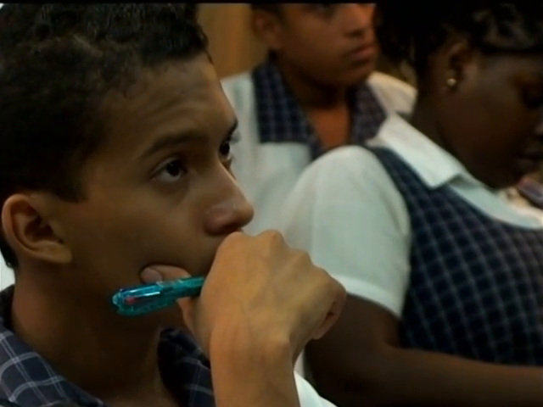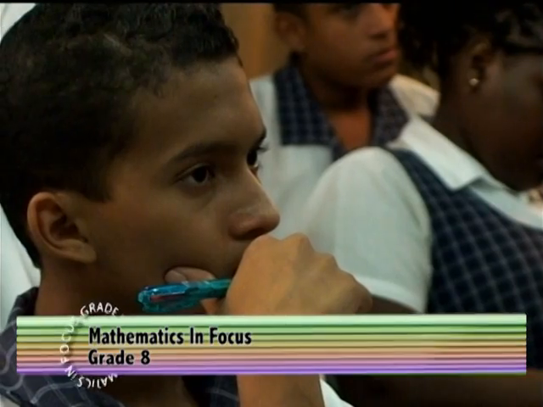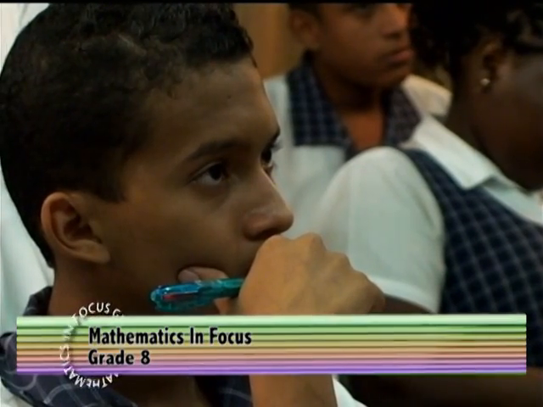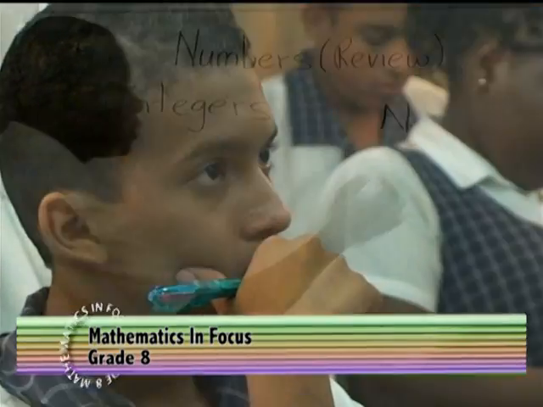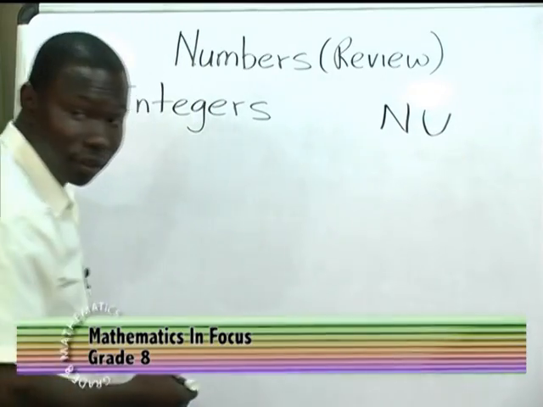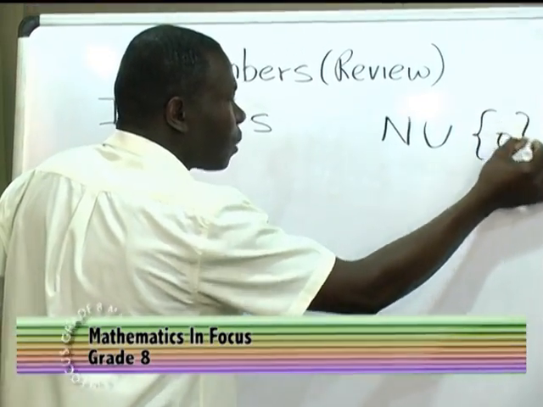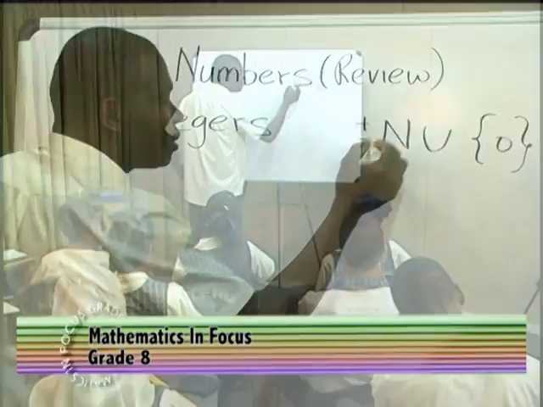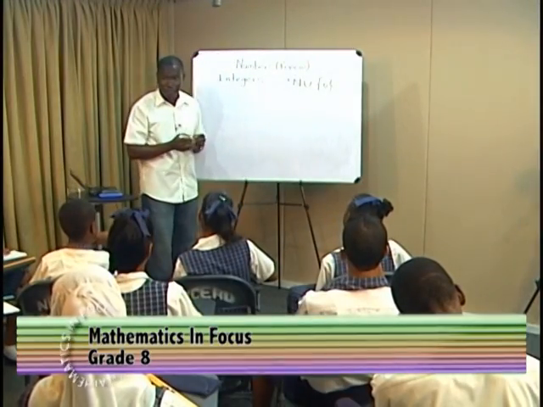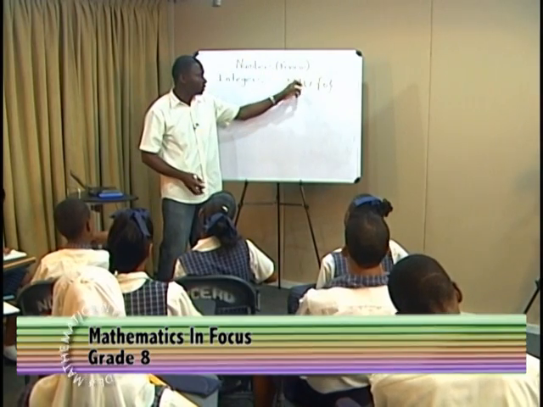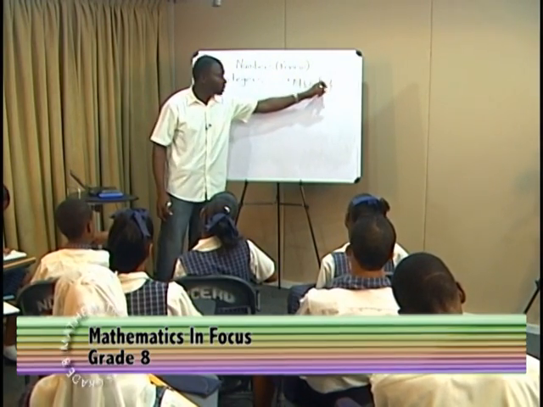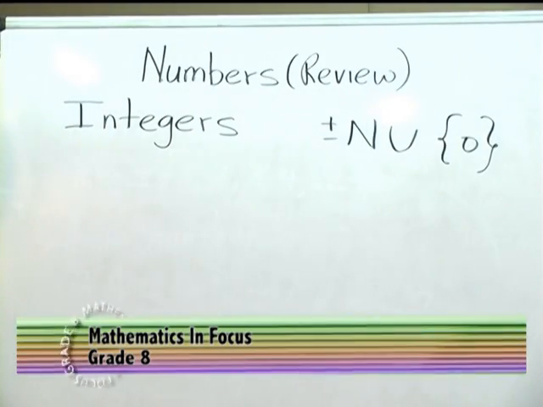So if we were to write this, we will say integers will be equal to natural numbers together with, union, the set 0. So we can say it is positive and negative natural numbers, this is how we write positive and negative, together with 0.